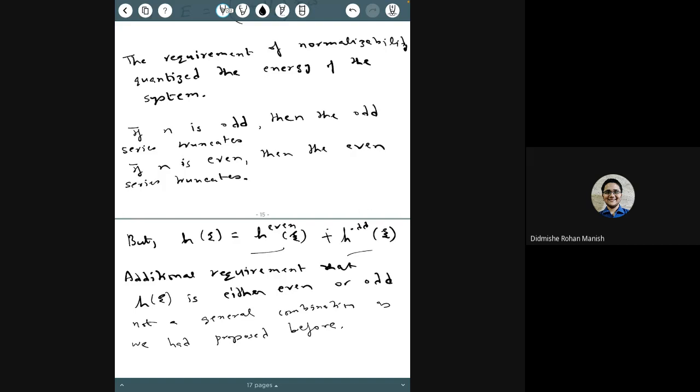But since the Hamiltonian involves the second derivative, your wave function will at least have to be differentiable up to the second derivative. Otherwise, you will not have energy there. But it is not something that is required by quantum mechanics.